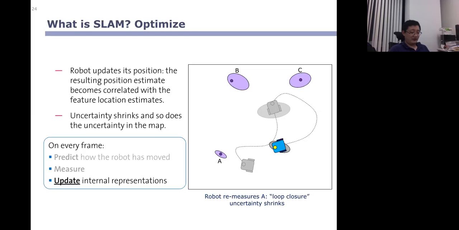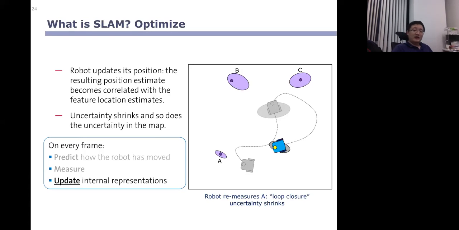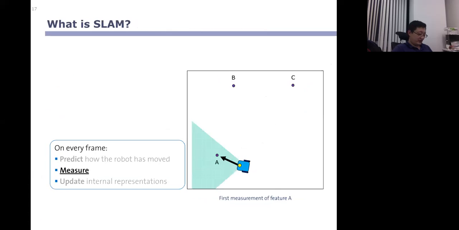In terms of this process, you see, you start to have uncertainty, and finally this uncertainty will shrink, will drop, according to this loop closure. Okay, so that's what happened in 2D with the unknown map.